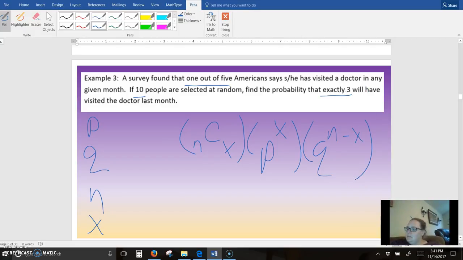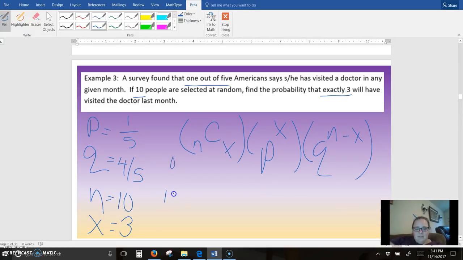N is 10, because 10 people are random. We want to know exactly 3, so X is 3. And it says 1 out of 5 Americans, so P is 1/5. And then Q will be 1 minus 1/5, so that's 4/5.